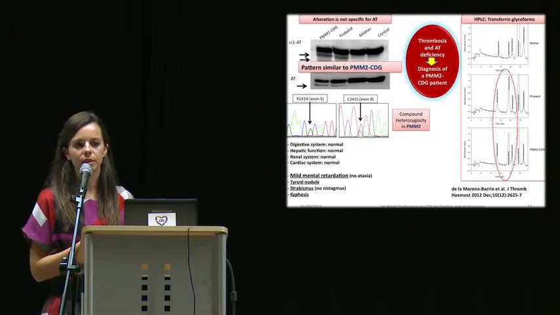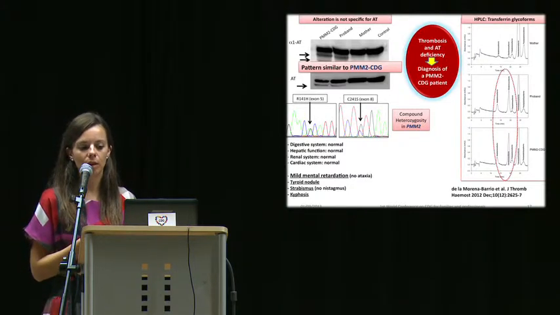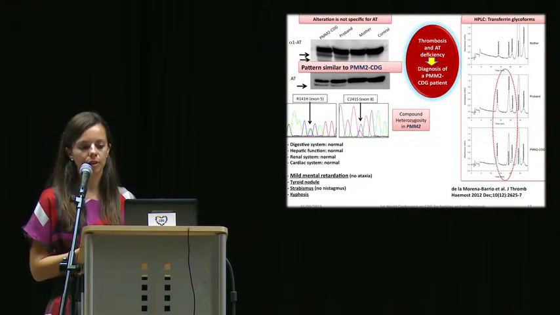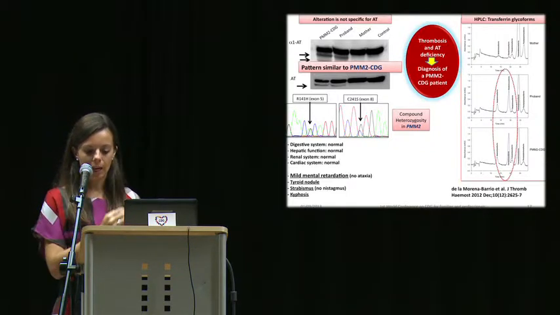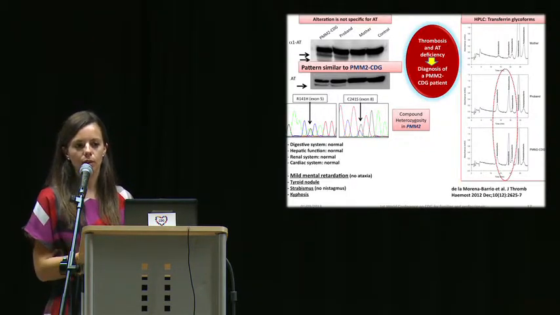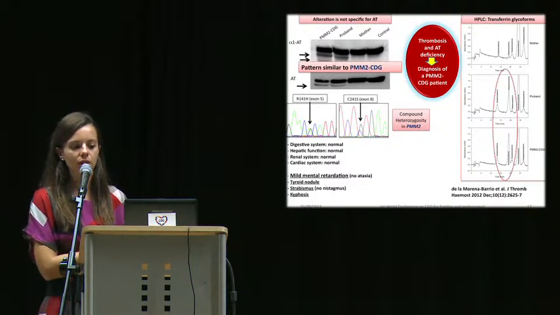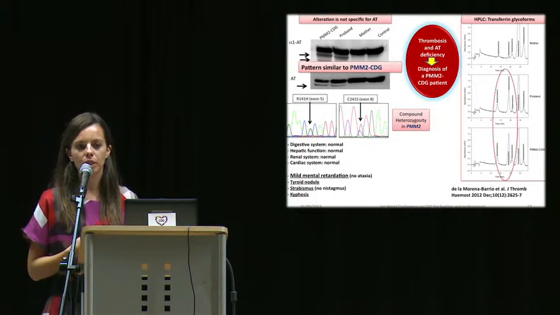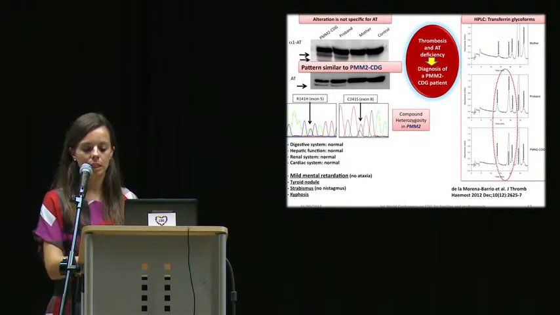So these results led us to evaluate the PMM2 gene, and we found in our proband 2 different mutations in compound heterozygosity. And this data, together with, of course, the clinical features, led us to diagnose this patient as a PMM2-CDG.